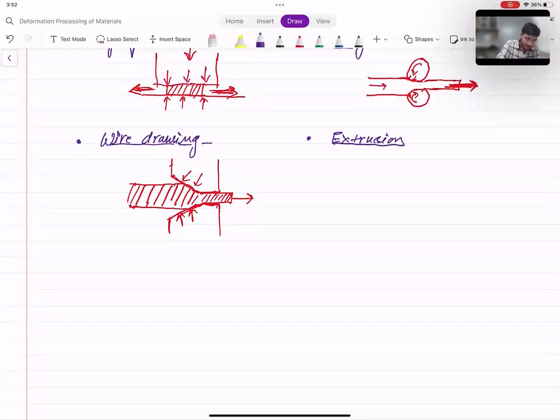So extrusion is another process. In extrusion, what we do, let us see the schematic. Again, suppose this is my workpiece. So here again there are dies.